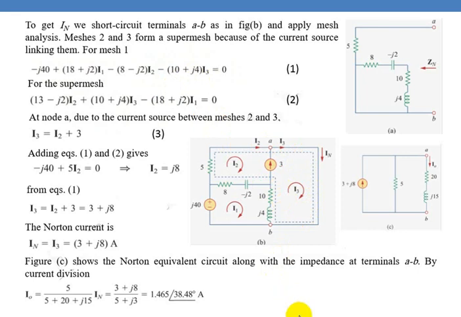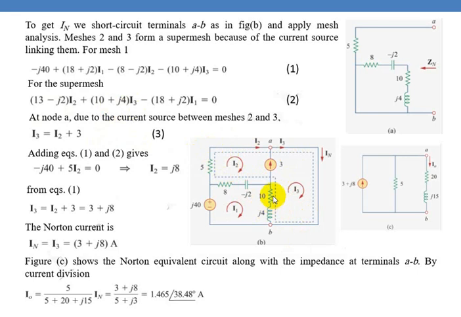For mesh 2, you have to add all the resistances and reactance, that is 8 plus 5 is 13 minus J2, into I2. And for I3, the total impedance in this mesh is 10 plus J4. So (10 plus J4) into I3.